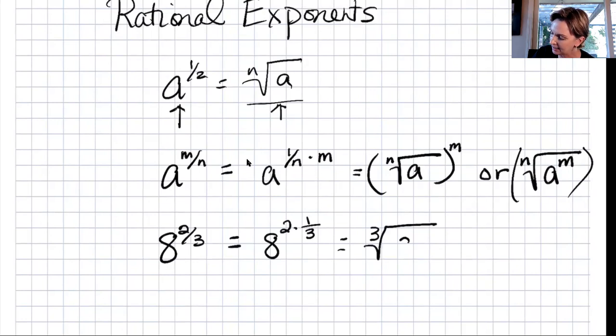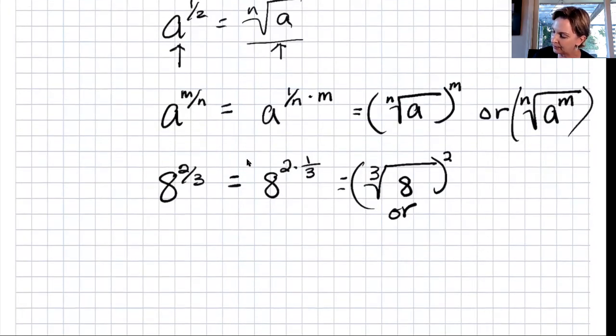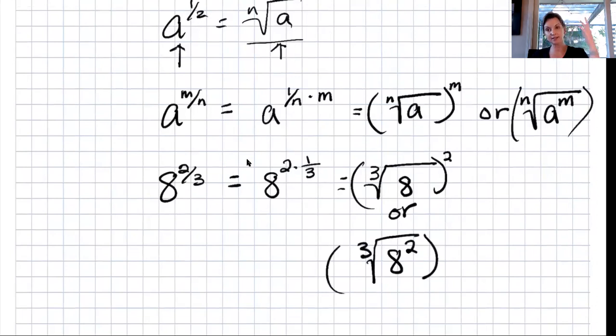Okay, and 8, and then square that. Or the other way would be 8 squared and then 1/3. So one has to square it on the outside, and the other one has to square it on the inside. Do we get the same answer?